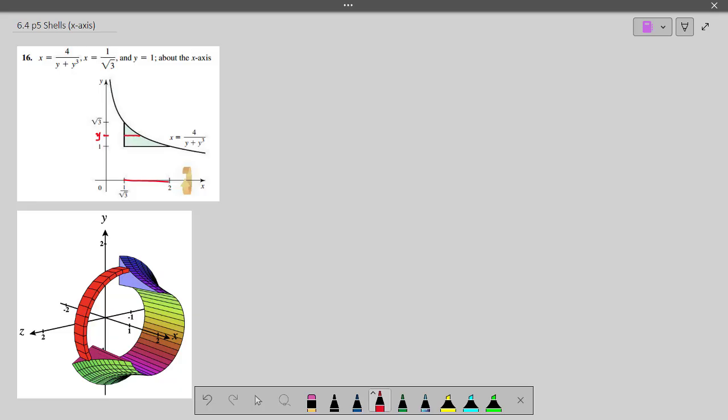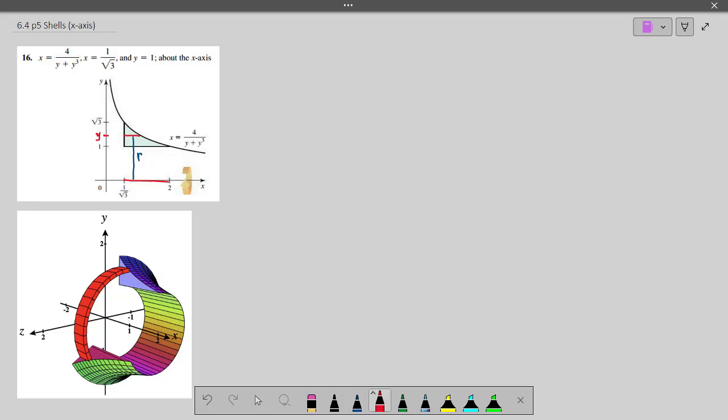The radius, so this element down to here, that is the radius. That creates the radius of the cylinder. And what is that radius? Y. When I draw this random element here, I'm drawing it so that it's y units from the axis of rotation, which is exactly what the radius is. The radius is the distance to the axis of rotation. So we already see that.